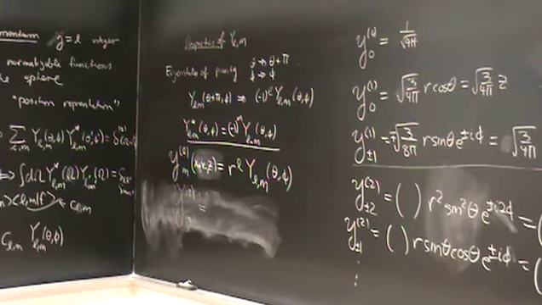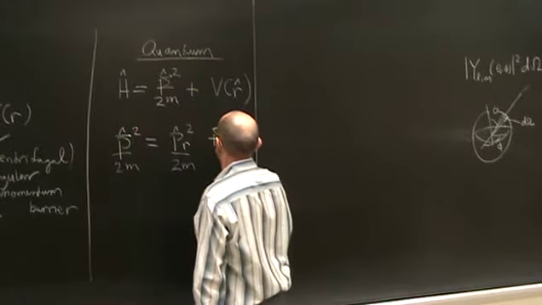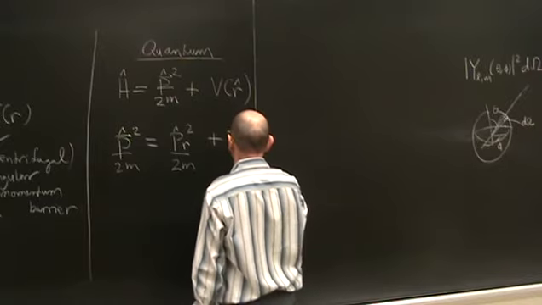So let's look at the same problem that we were just looking at, motion in 3D in the potential. So my Hamiltonian in this case is p squared over 2m plus V of R. Okay? Again, I can break up my total kinetic energy in terms of exactly the same as before.